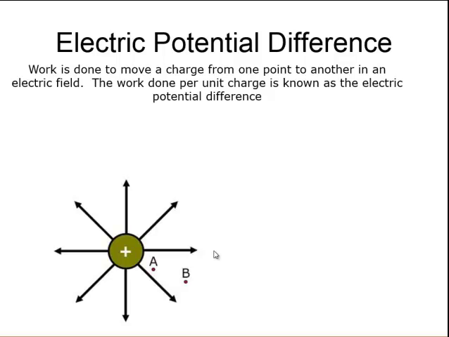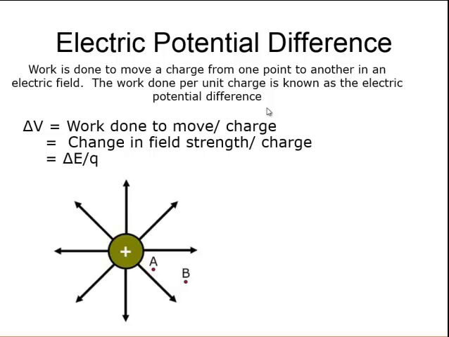Final recap, electric potential difference. I've mentioned this before, and we're just going to recap again. Remember, electric potential difference is the work done to move a charge from one point to another in an electric field divided by the charge. So it's work done per unit charge.